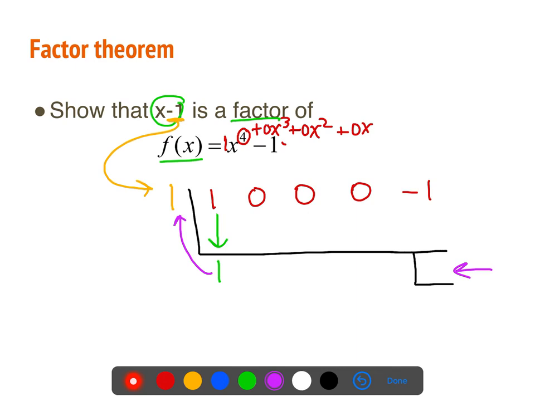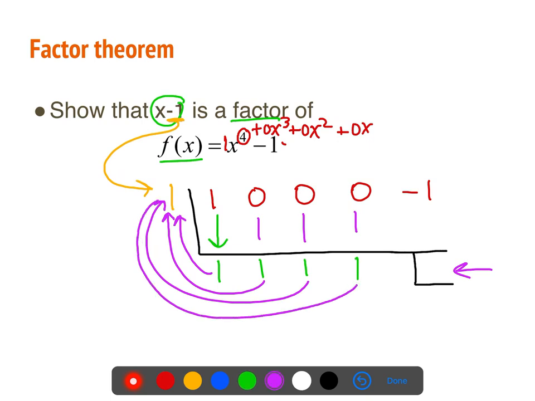Now I'm all set to do my synthetic division. And remember, we are hoping that this remainder is 0. So I start by bringing down the first number, multiply by the outside, 1 times 1 is 1, add the column, 0 plus 1 is 1, multiply by the outside, 1 times 1 is 1, add the column, 0 plus 1 is 1.